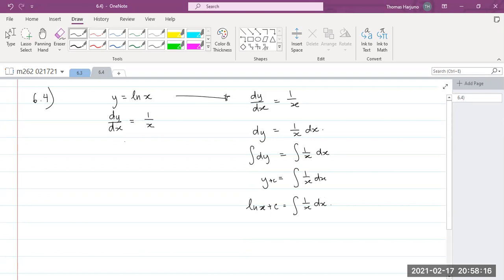That's one. The other thing is this. We get the chain rule. So what happens if we have y equals ln u, where u is a function of x? So y prime, the derivative of that, will be 1 over u times u prime, or simply u prime over u.